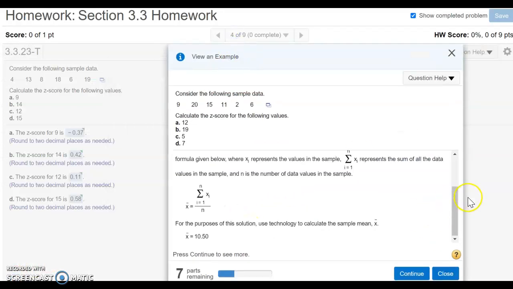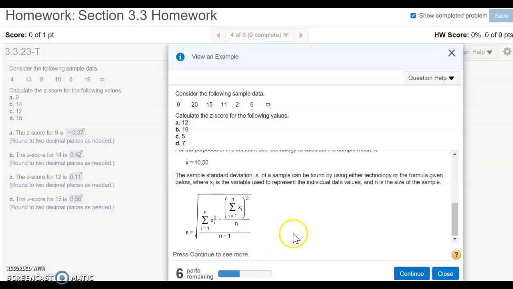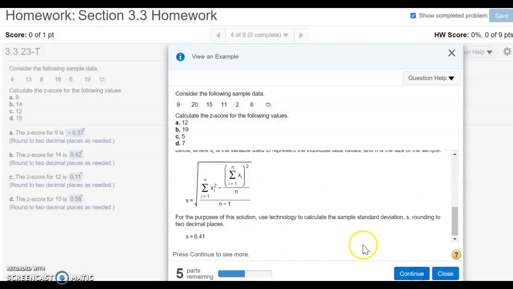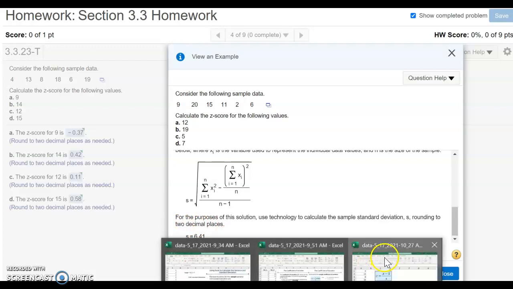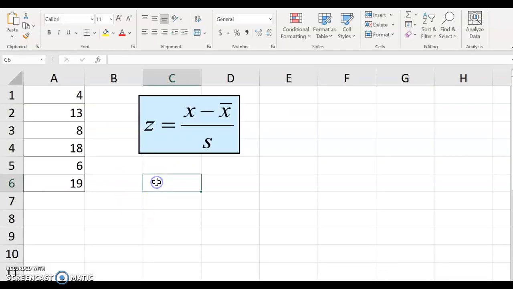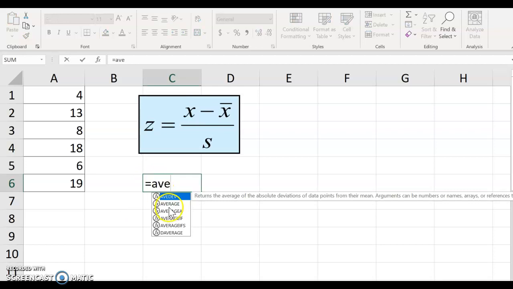And if you click on view an example, you can see that their sample mean was 10.5, and they tell you to use technology, and then the same thing for standard deviation. What I wanted to see was what to round to, and we're going to round to 2 decimal places just to make sure. So remember how to calculate the mean.